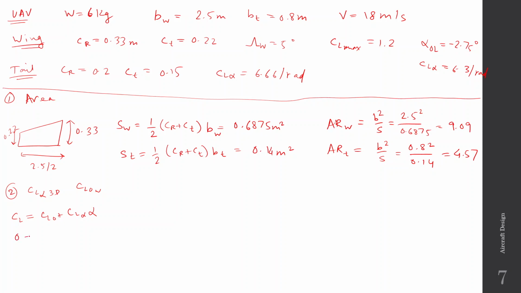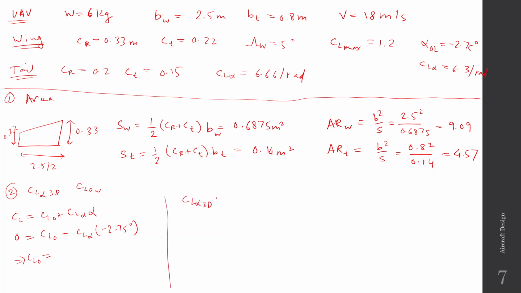So we can write 0 is equal to CL naught minus CL alpha times 2.75 degrees. Remember that we have to convert everything to radians. So we get CL naught as CL alpha times 2.75 degrees, but CL alpha we have to calculate, so let us do that first instead.